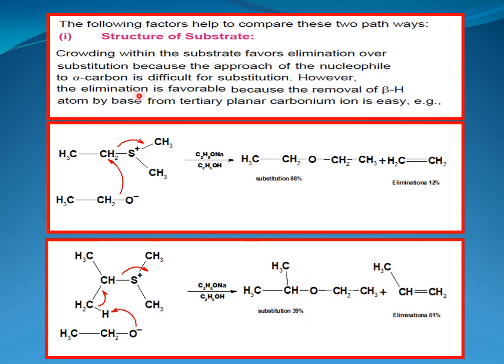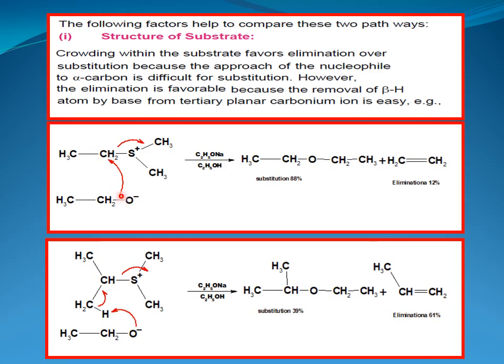However, the elimination is favored because the removal of the beta hydrogen atom by the base from a tertiary or planar carbonium ion is easy. Whereas students, you can see in this example, the substrate is less crowded. So the approach of the nucleophile to the carbonium ion or the alpha carbon is very easy.